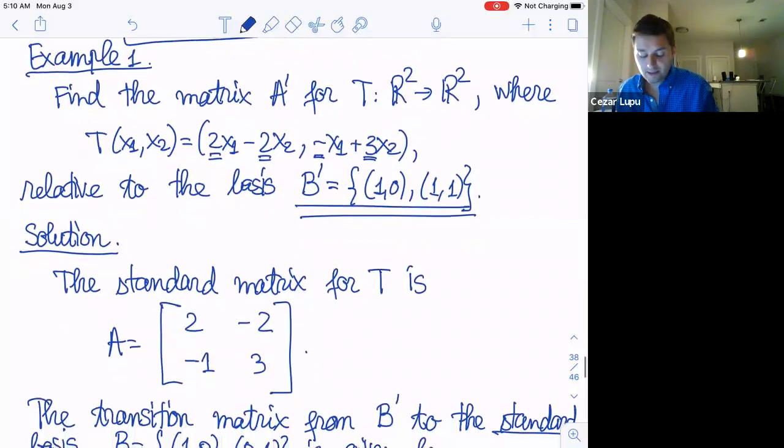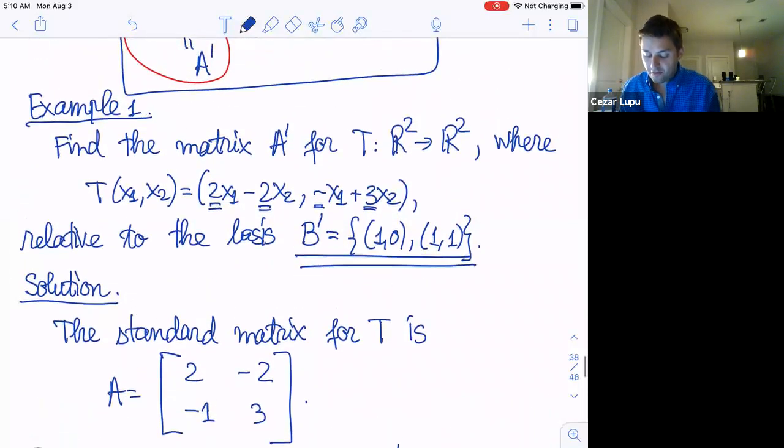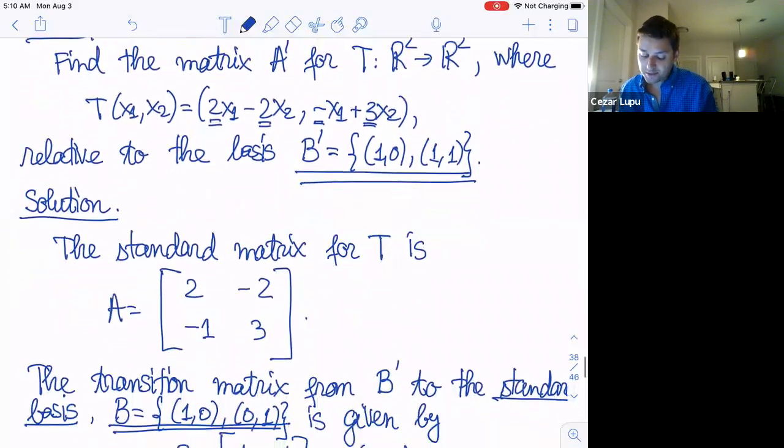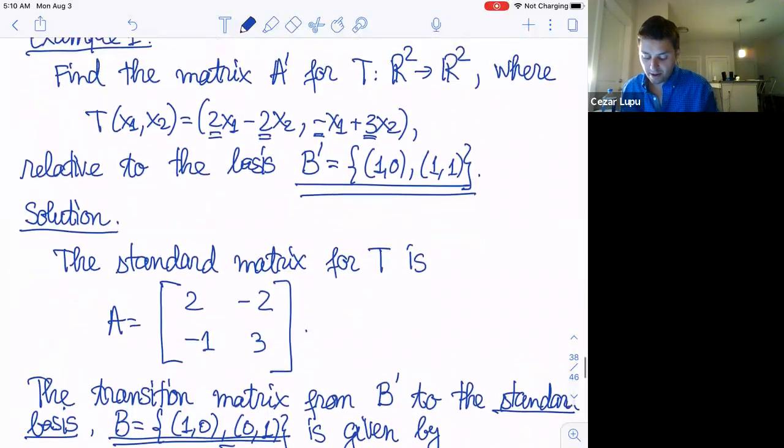And now we want to write a transition matrix from my basis B prime to, guess what? I'm going to use the standard basis B, which consists of these two vectors, (1, 0) and (0, 1). These two bases are quite similar. The first vector is the same.